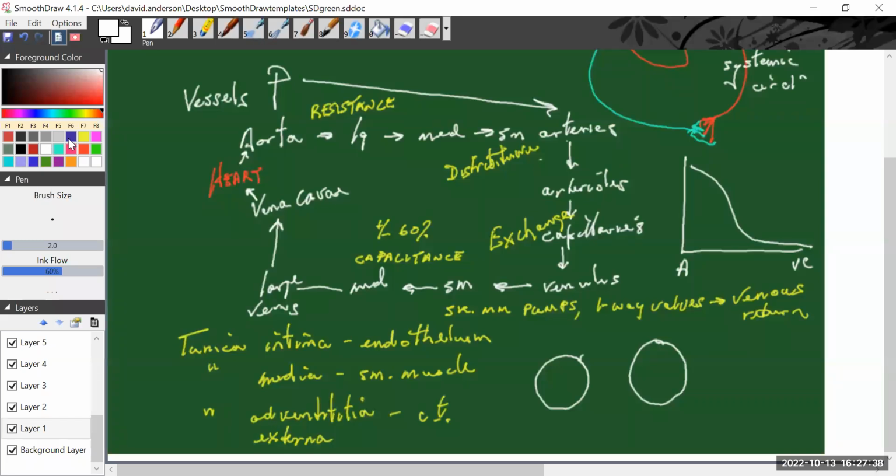The tunica intima is pretty much going to be a simple squamous endothelium, but the biggest difference will be in the next layer. In the vessels that are under the greatest pressure, we're going to have a thicker layer of tunica media. That's the arteries. So this is going to be made up of smooth muscle cells, and this one is made up of smooth muscle cells, but in a vein, the tunica media is much thinner.